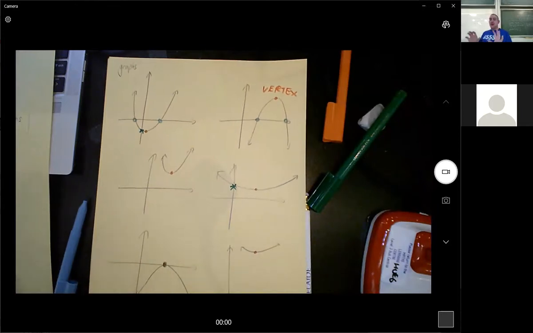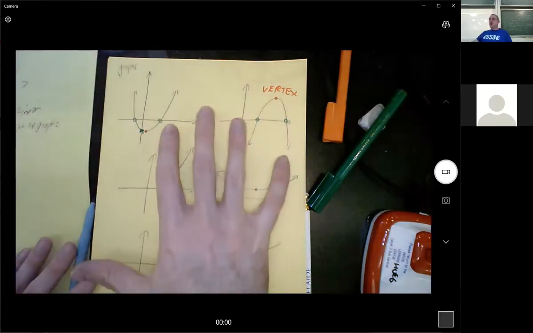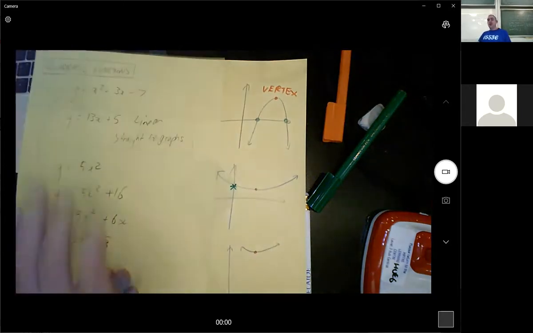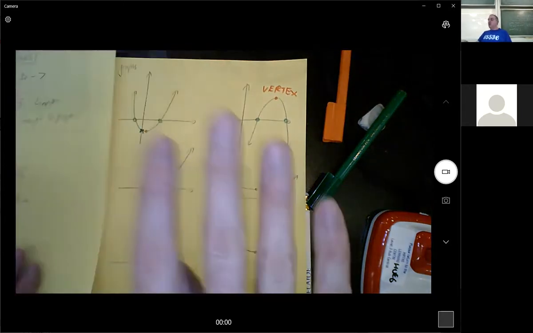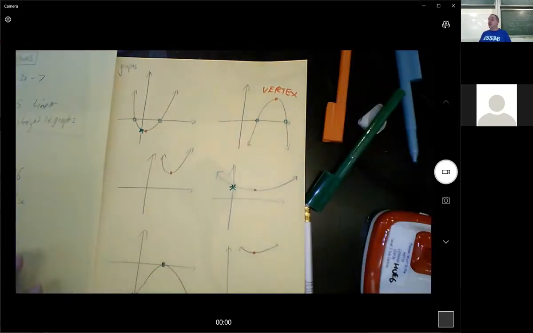And then what happens is that the way the function is written can correspond to the way the graph looks, and we want to forge as close a connection as we can.